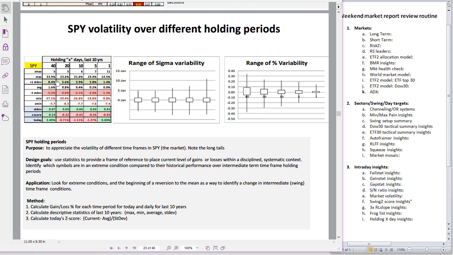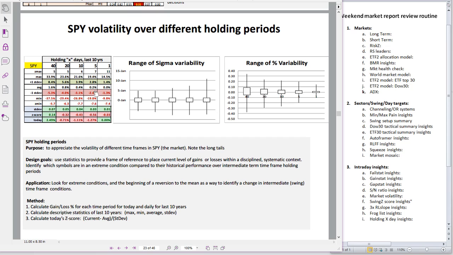Notice on 40 days that until you get more than plus 8 or minus 5.5, it's still within the bound of a normal 40-day move. The current reading over the last 40 days is 2.49%, so that fits well within the bound of normal for the last 40 days. It only has a z-score of 0.14, for example.